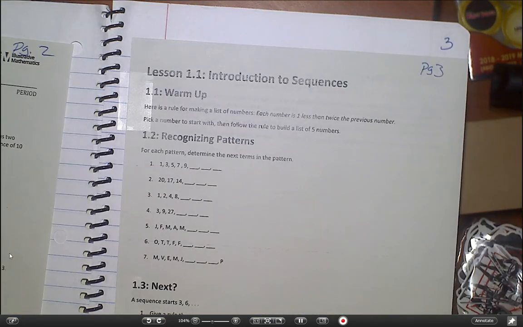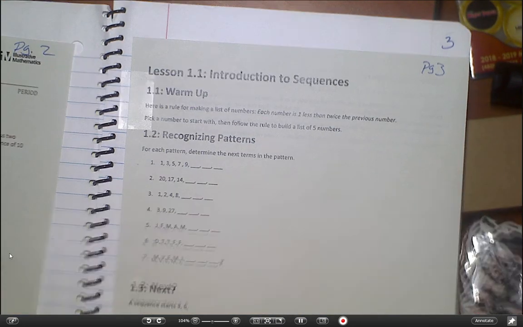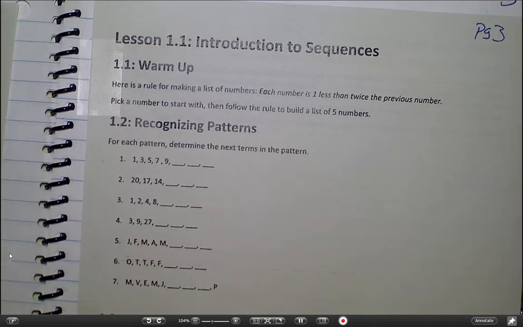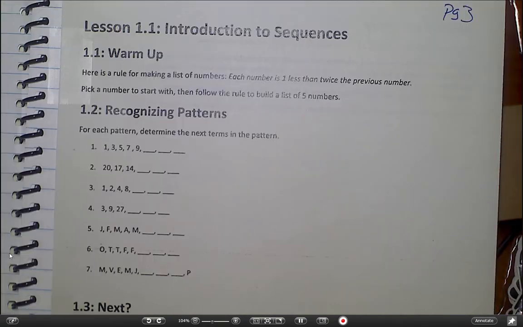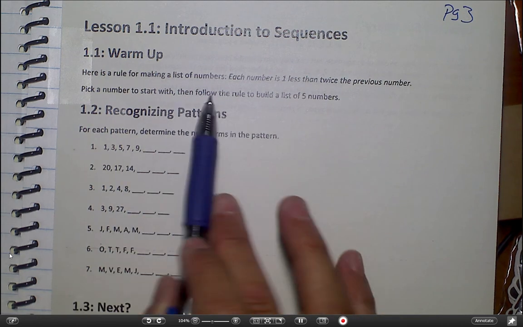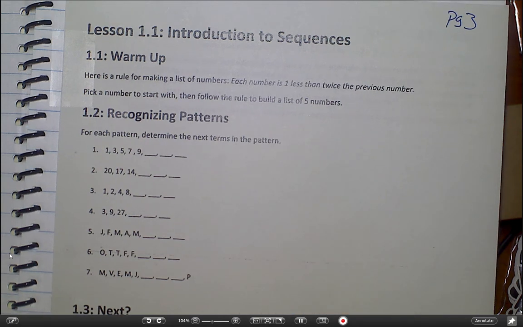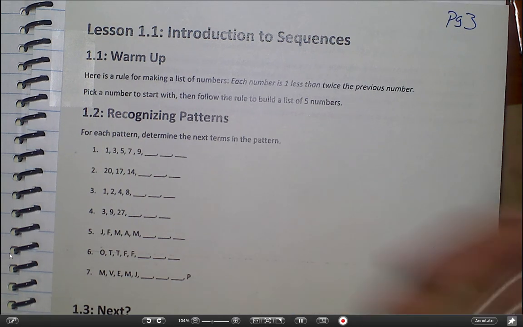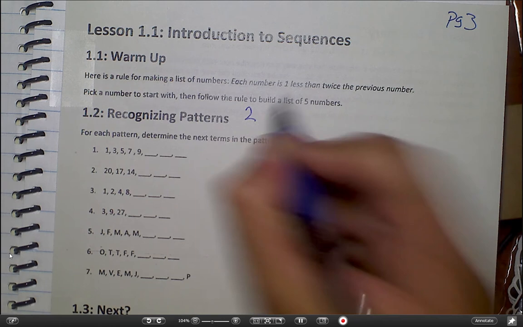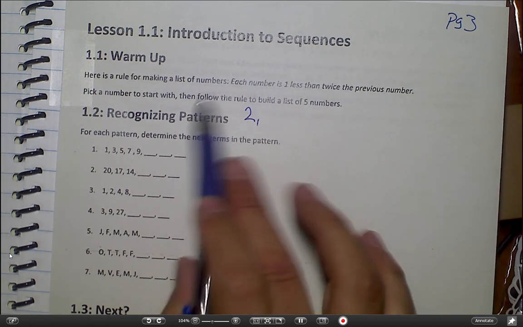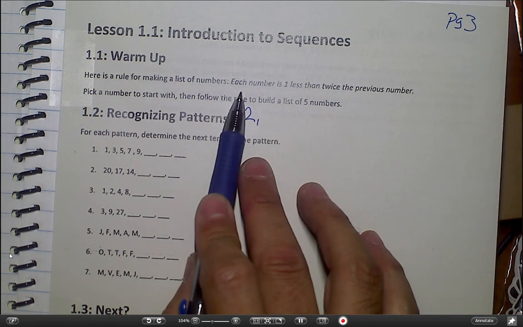All right, so let's go through our lesson now. The warm-up that we did in class already, at the beginning of class, says pick a number to start with and follow the rule to build a list of 5 numbers. So if I started with the number 2, it's going to be 2 times 2, which was 4, minus 1 is 3.